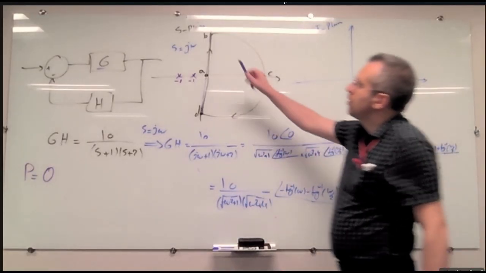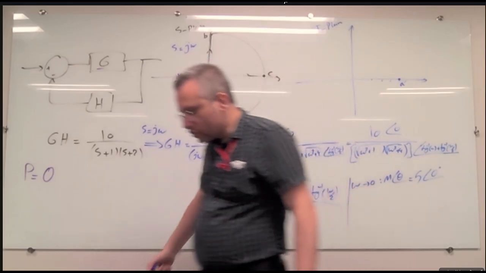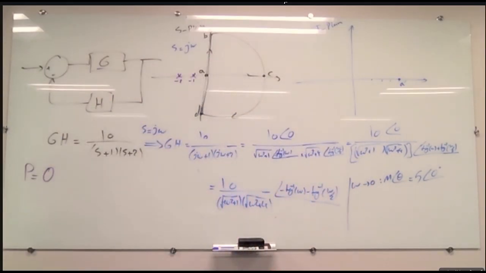Now, what about B? What is omega at B? It's plus infinity. Is that clear? It's plus infinity.